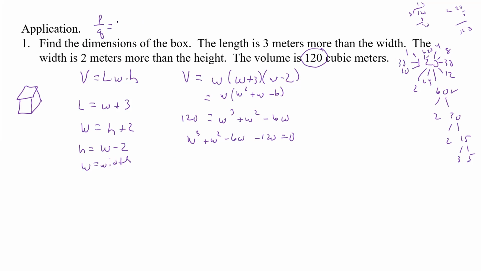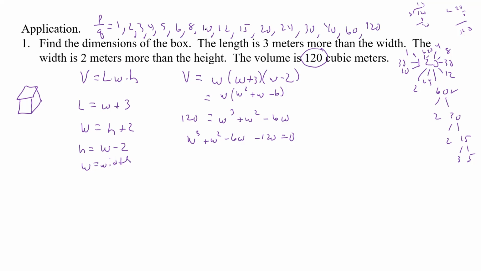Now let's start writing all these down: 1, 2, 3, 4, 5, 6, 8, 10, 12, 15, 20, 24, 30. Then we had 40, because it was 4 times 10, so we better put a 40 in there. And then there was a 60, and then a 120. Okay, so there's a lot of them.